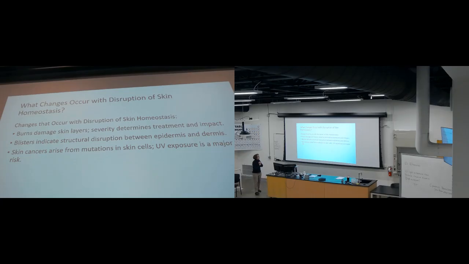Okay, so now for the skin, I think I mentioned this to you before, but we have burns that are classified as first, second, and third degree, and that depends on how much extension of the burn happened in your skin.